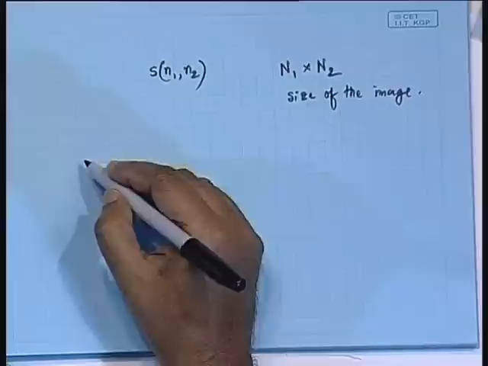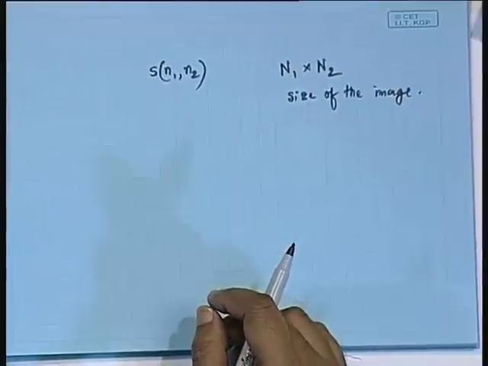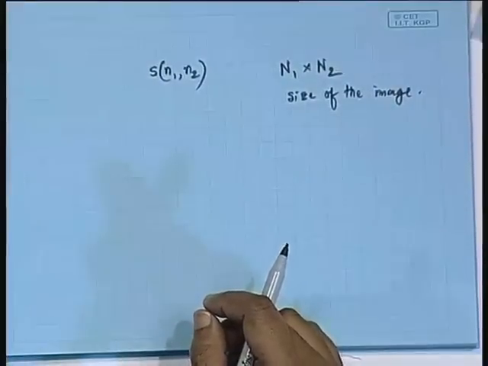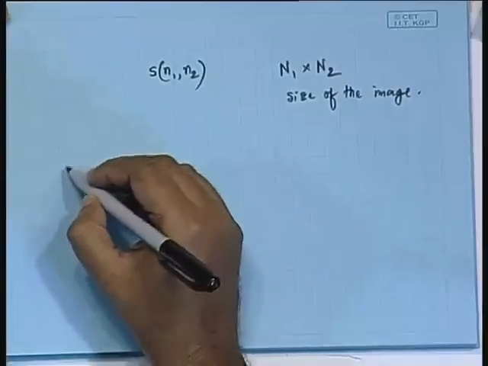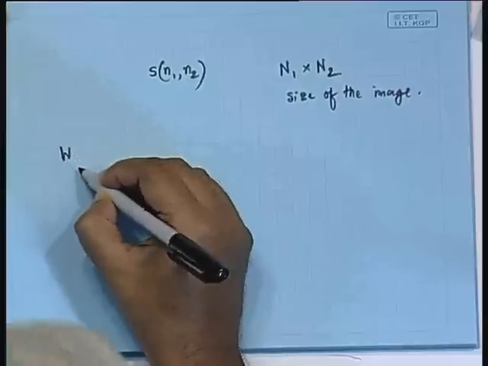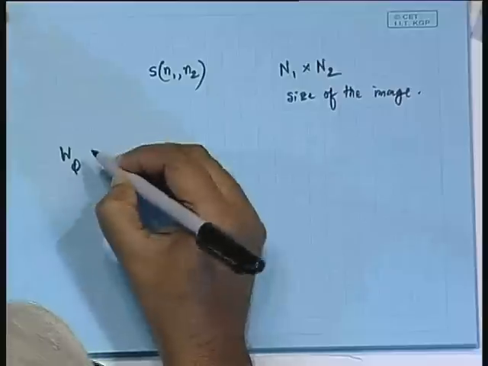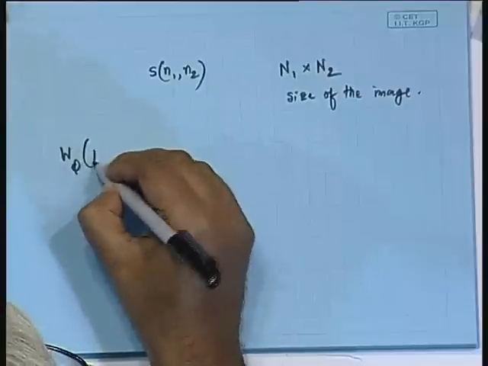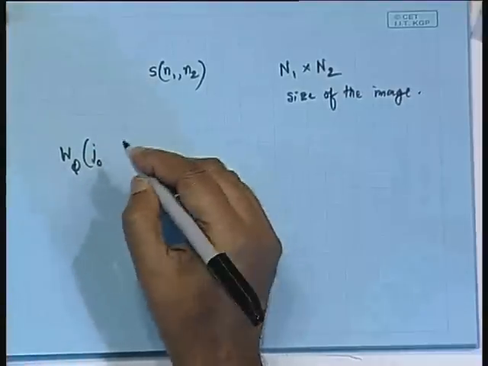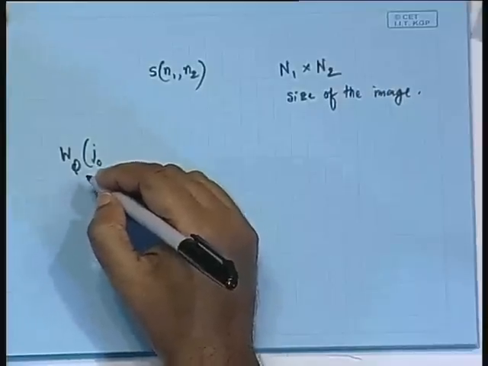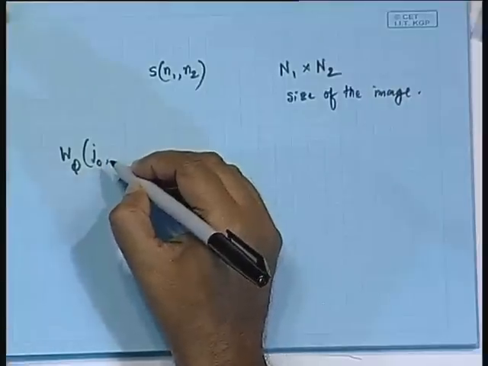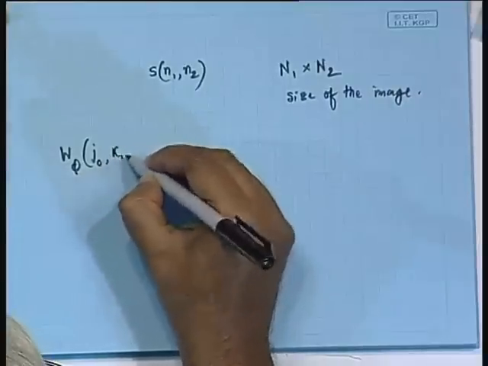So, what do we obtain? Basically we will be obtaining two signals, one is the scaling filtered signal and the other will be the wavelet filtered signal, and we can write down the mathematical expressions like this. W phi, okay, if we apply the wavelet filter at scale J0, let us say. Okay. So, we are writing it as W phi, J0, and as the index we write K1 and K2.